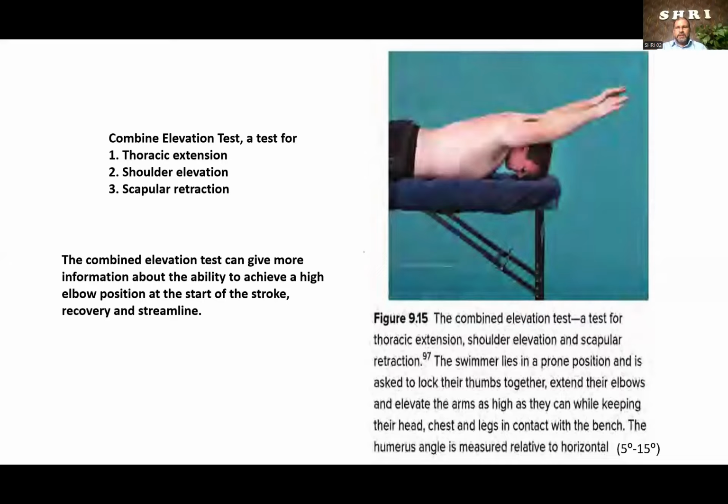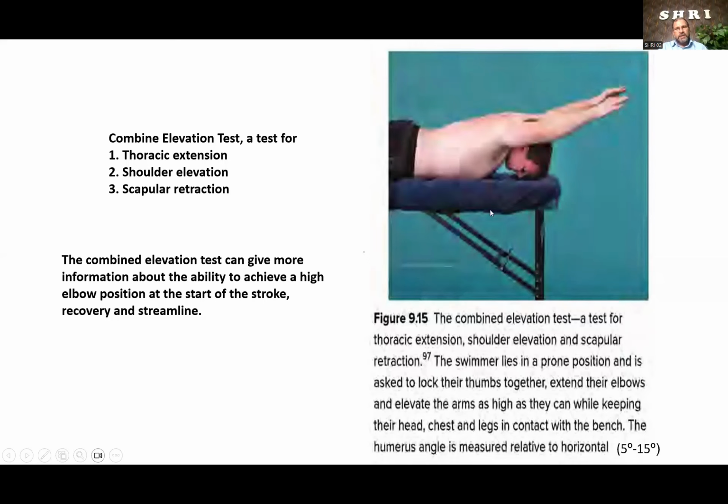Now we measure this angle from the horizontal line to the humerus elevation, and it has to be 5 to 15 degrees. So the combined elevation test can give more information about the ability to achieve a high elbow position at the start of the stroke, recovery, and streamline.